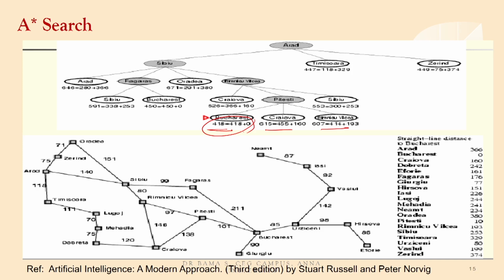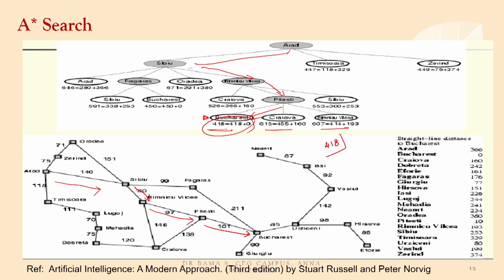So, actually the path would be Arad, Cebu, RV, PIT and Bucharest, and this has the total cost of 418.